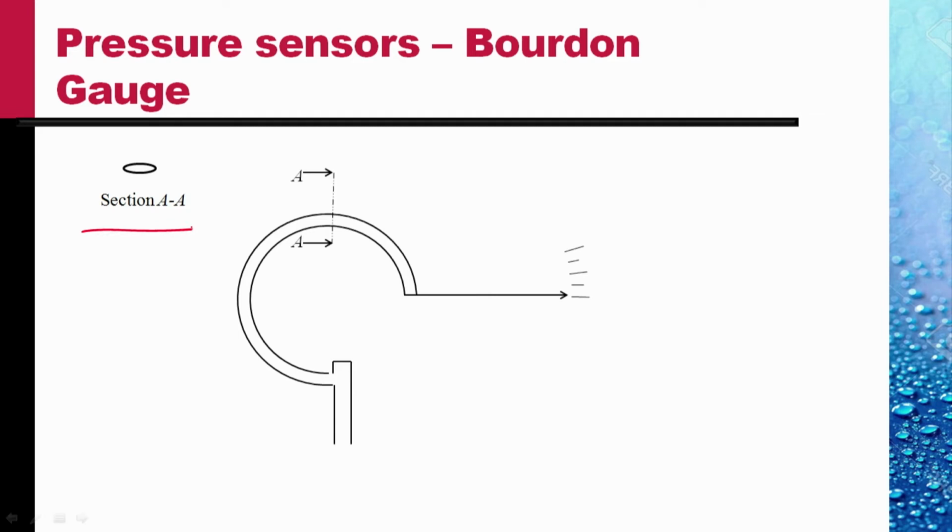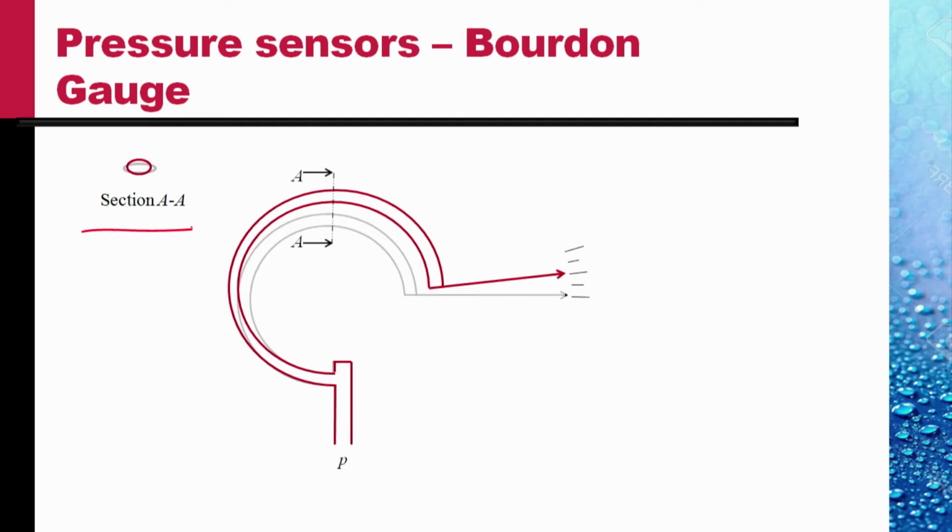As we apply a pressure P at this end, the cross section of the tube tends to round out as shown here, and as the section of the tube changes, the curvature of the tube decreases, its radius increases, so it expands out.